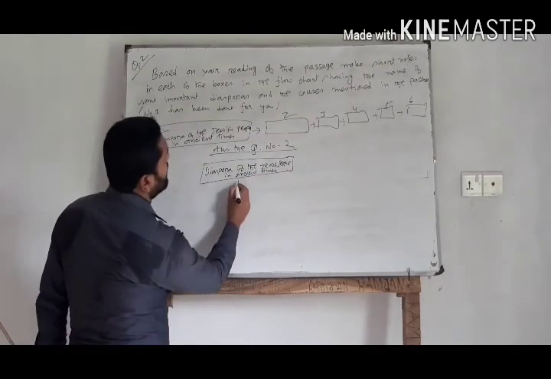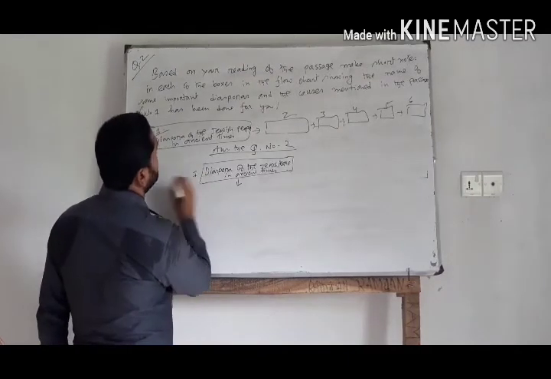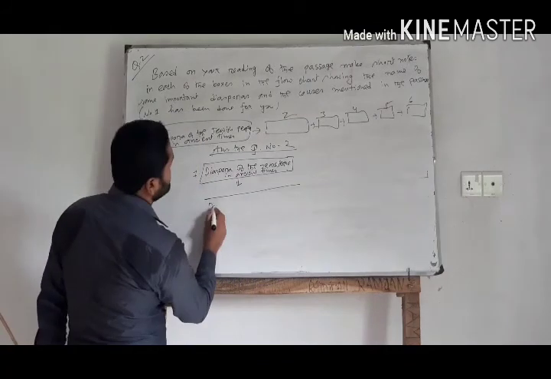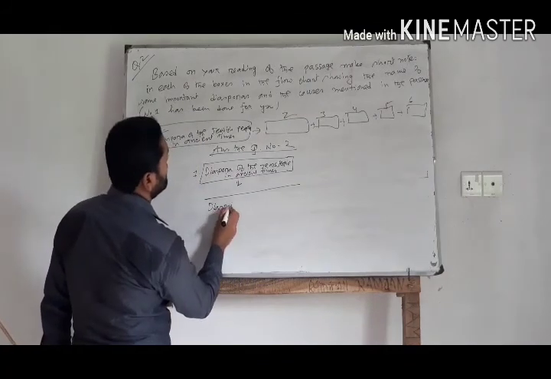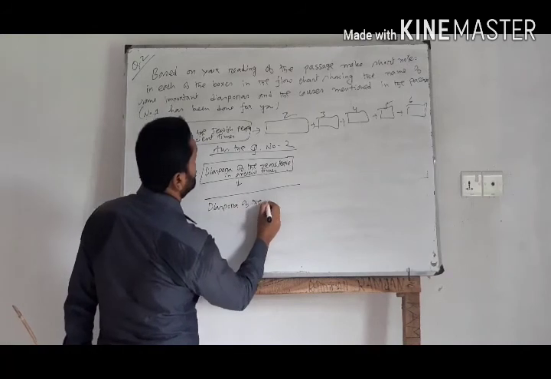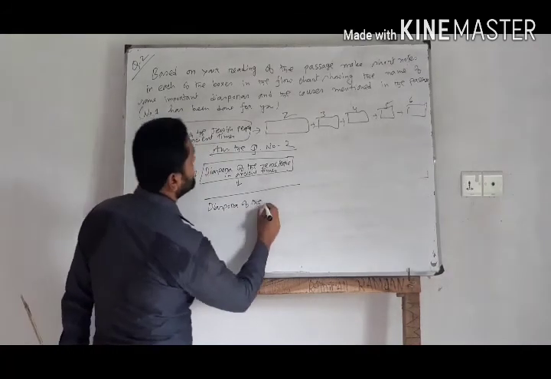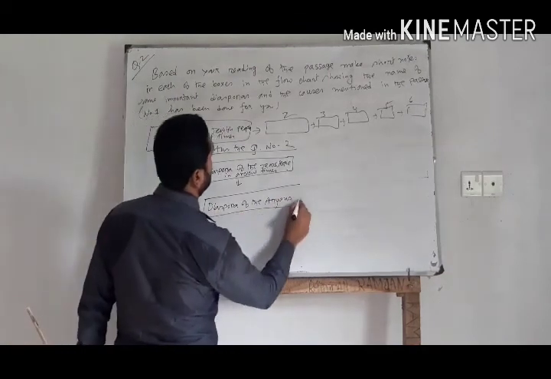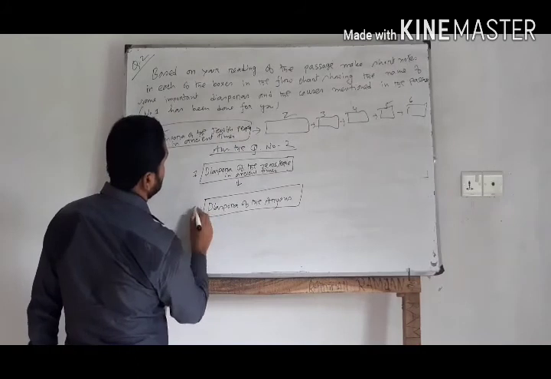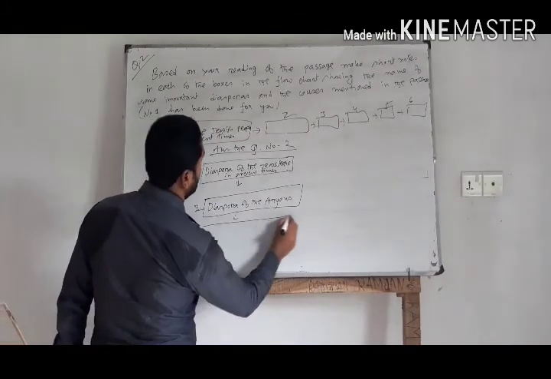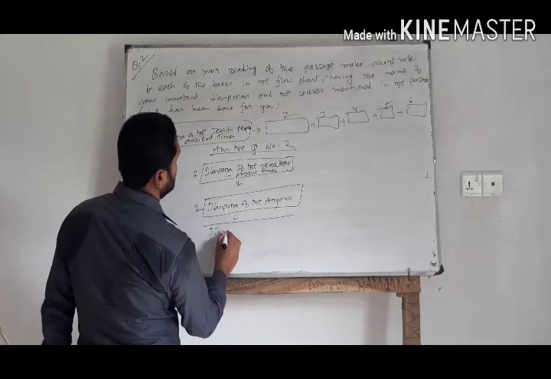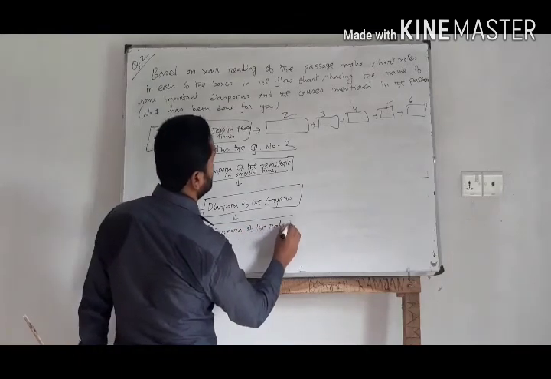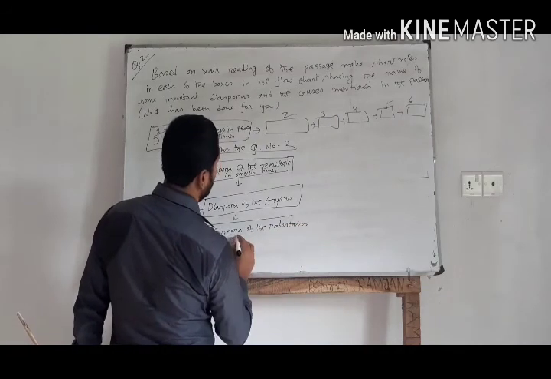You have to mark an arrow and put the number. Diaspora of the Aryans. Number 2, diaspora of the Palestinians in the 20th century.